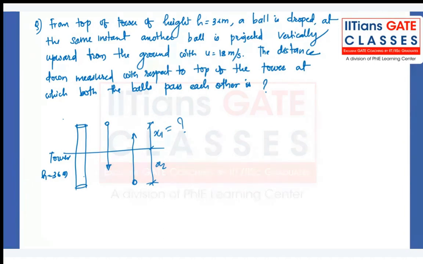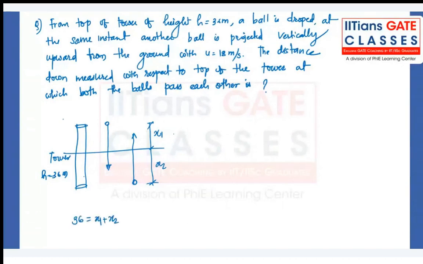Yes, 19.62 is the correct answer. Yes, some of you answered it already. So let's try to solve it. If you can clearly see here, what we can understand is x1 plus x2 has to be equal to 36, right? So considering this, how will we calculate x1?